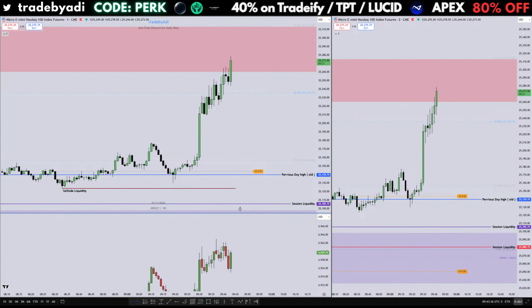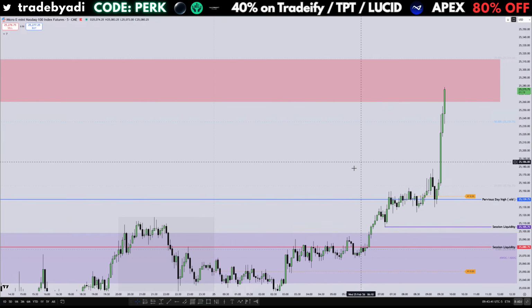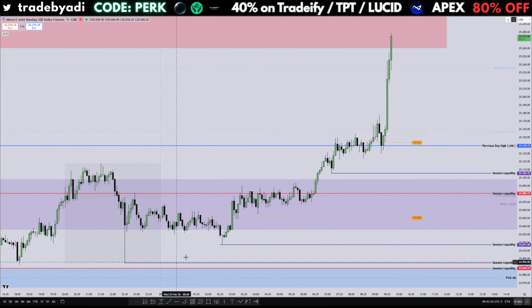Otherwise, it will be hard because if you check, we have pending liquidity like the Asia high. We do not have any kind of manipulation in London, and also these are all failure swings, unfinished business.